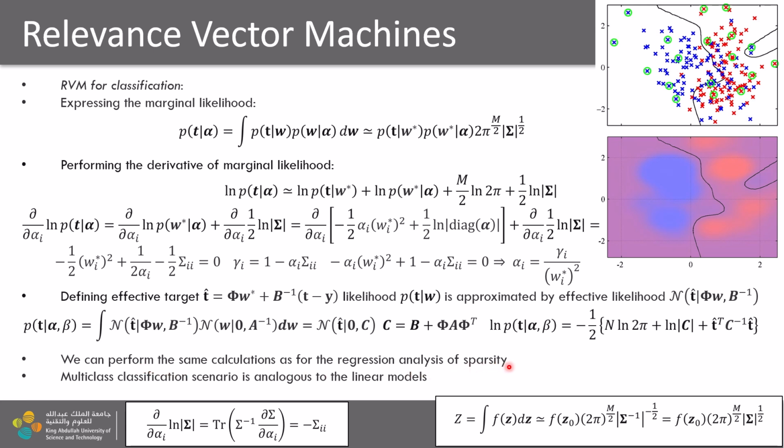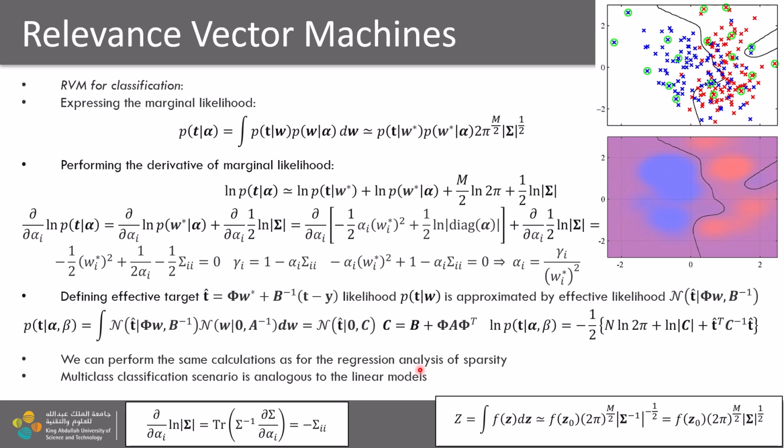So with that, we will also be able to find out which of our associated features have weights with alphas going to a very large number, and then the corresponding features can be pruned out from the model.